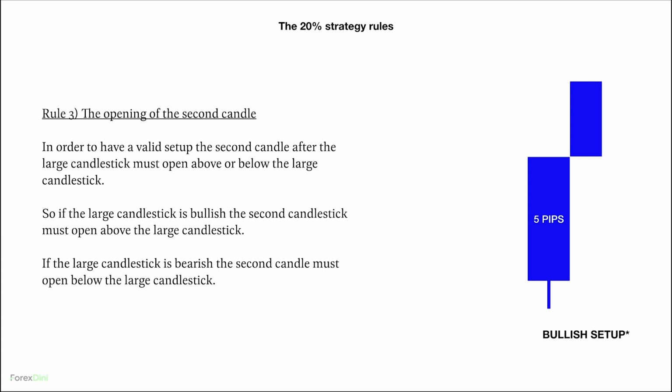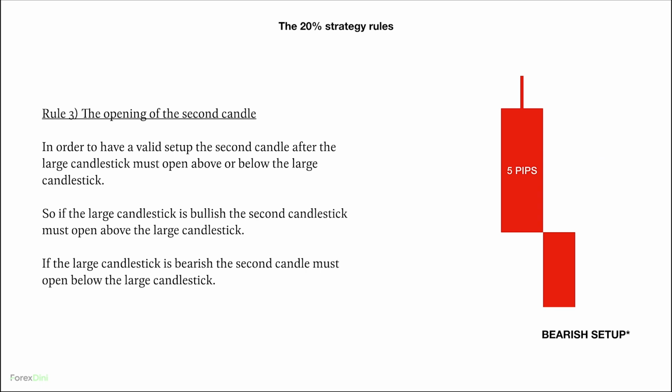So we have an example. As you can see on the right side, we have a bullish setup. We have a large candlestick which is labeled as 5 pips, and we have the second candlestick right above. And as you can see, the second candlestick has opened above, right? It's not touching the large candlestick, it's opened above. Now we have a bearish example.